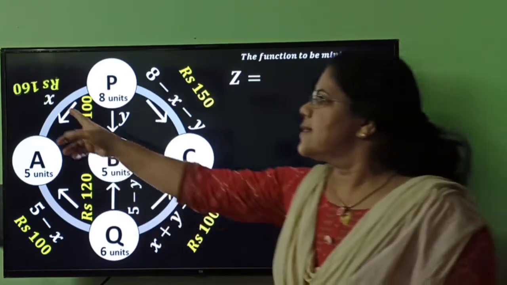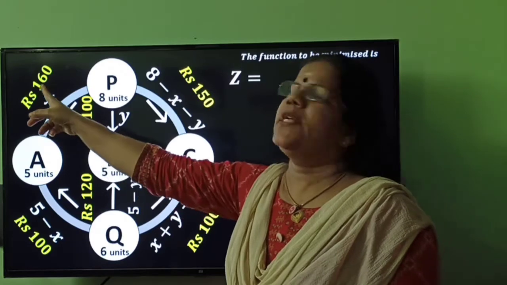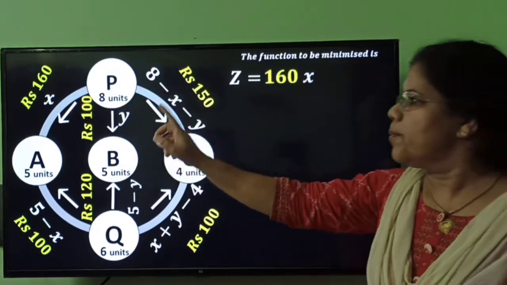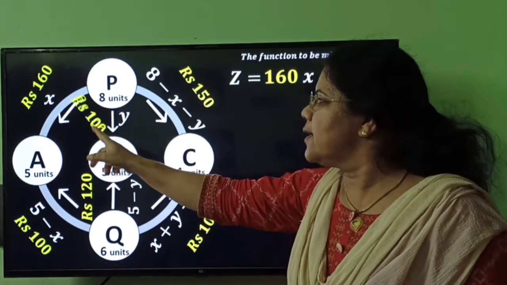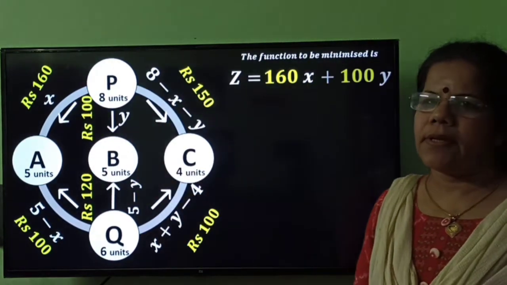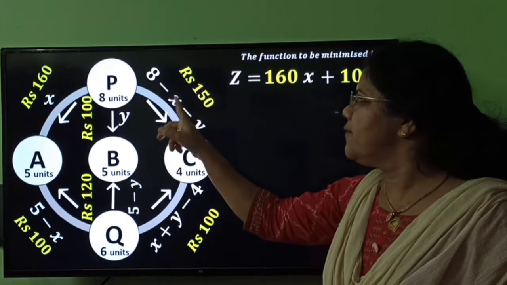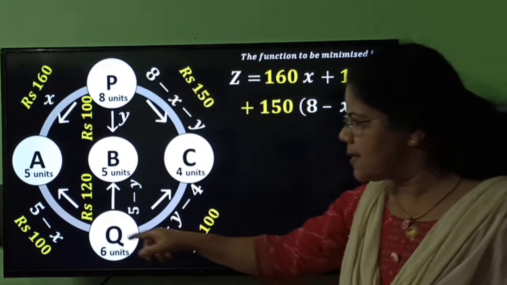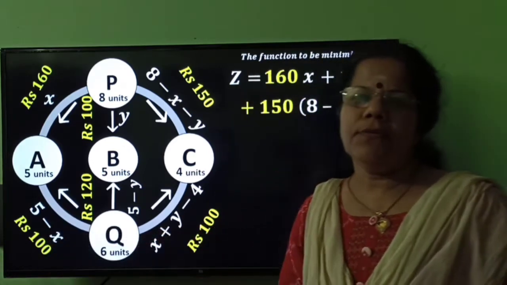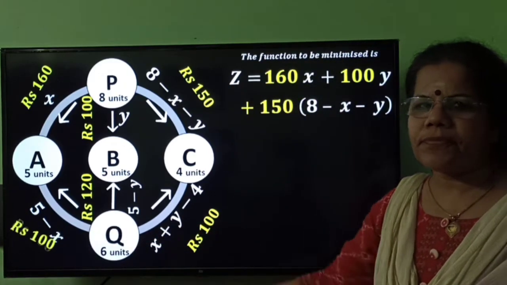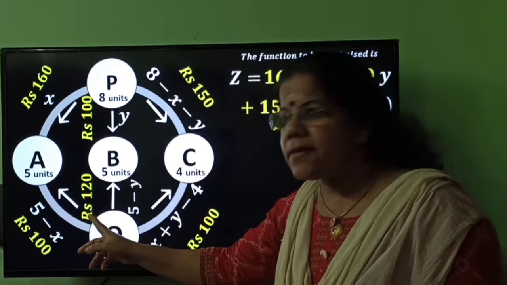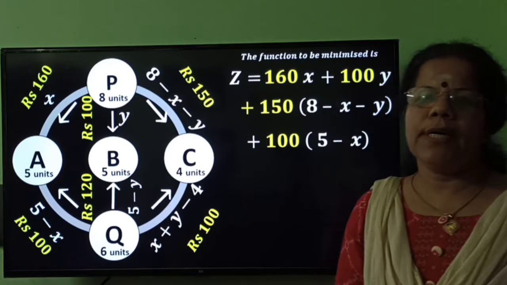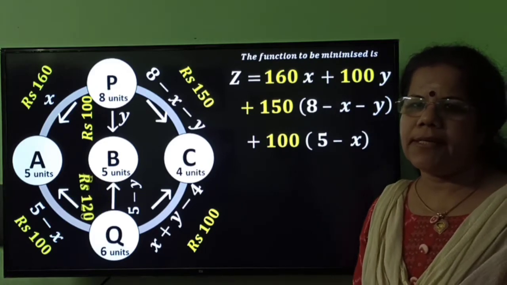It is 160 rupees per unit for x units, 160x, plus 100 into y, plus 150 into (8 minus x minus y), plus 100 into (5 minus x), then plus 120 into (5 minus y), right?